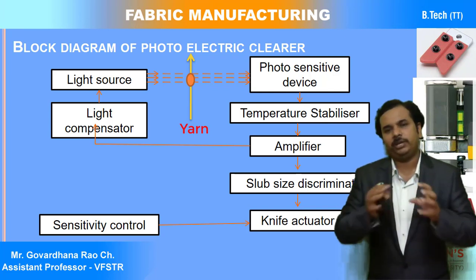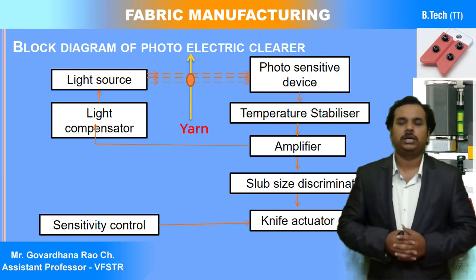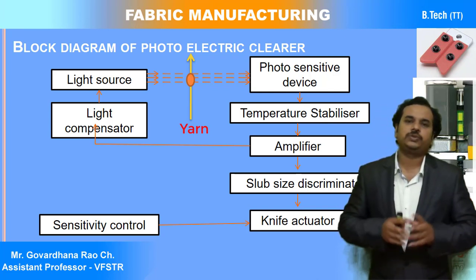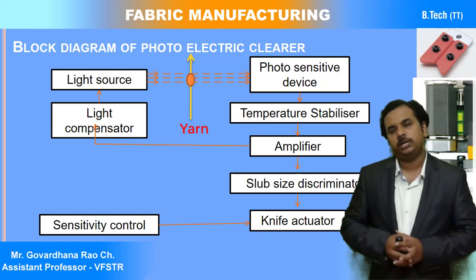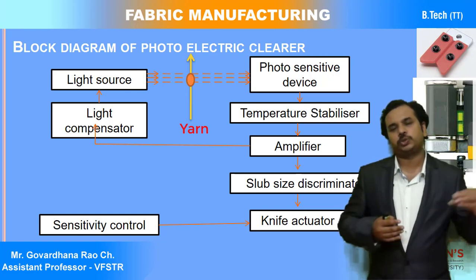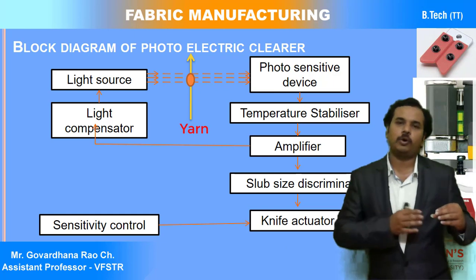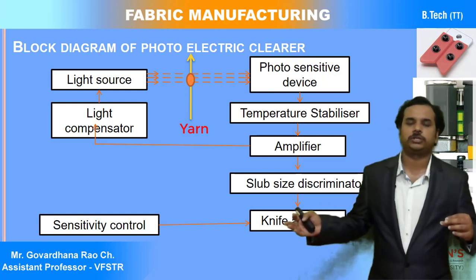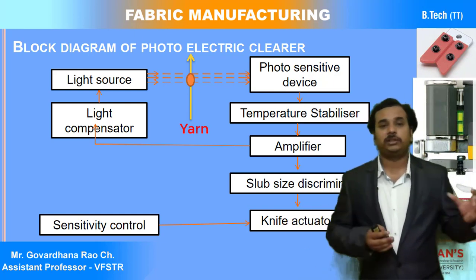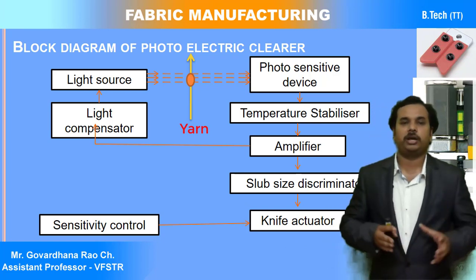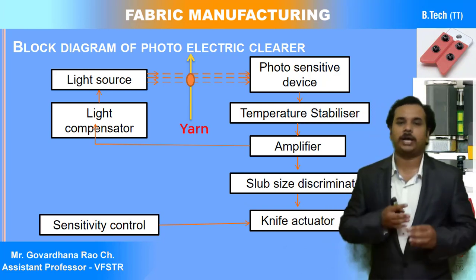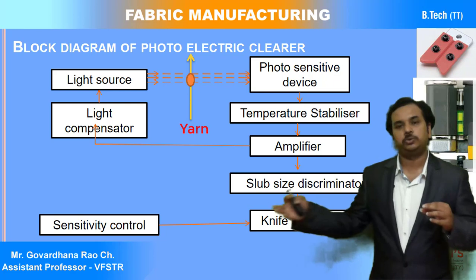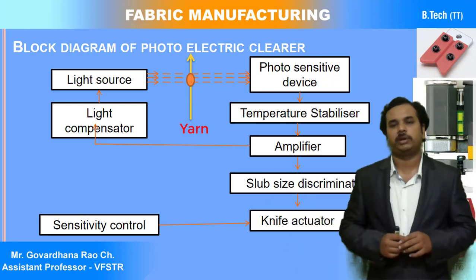If the yarn has some fault, what will happen? If a thin place comes, more light will pass to the photosensitive device. If a thick place comes, a smaller amount of light will pass above the yarn to the photosensitive device.